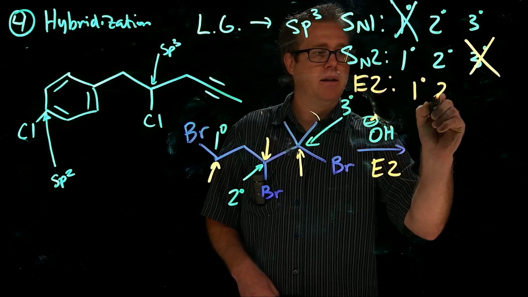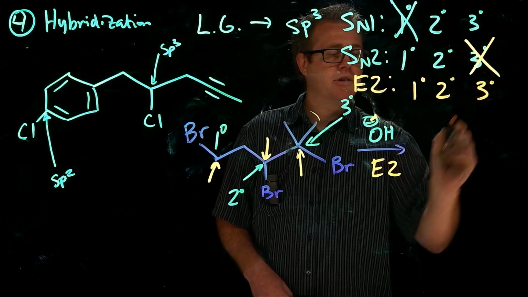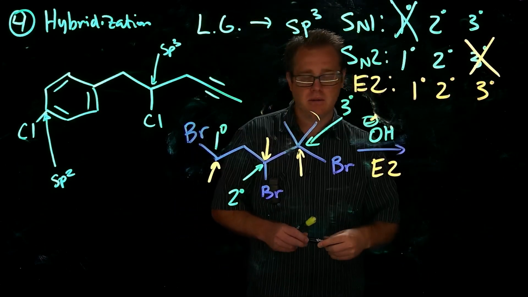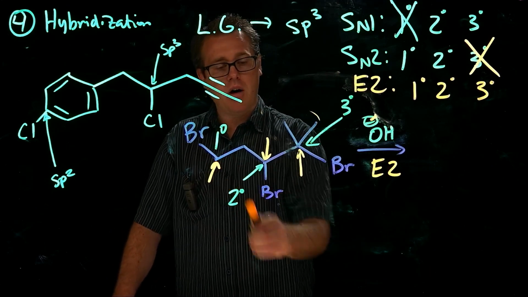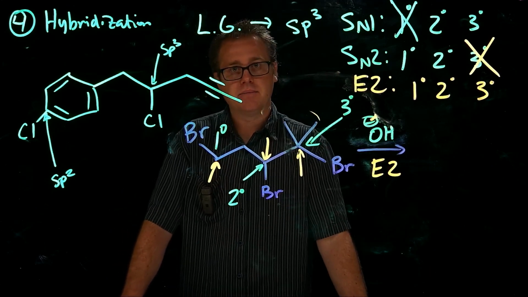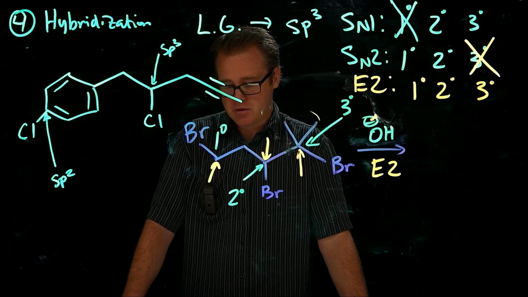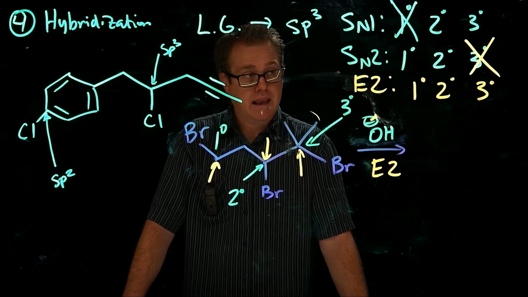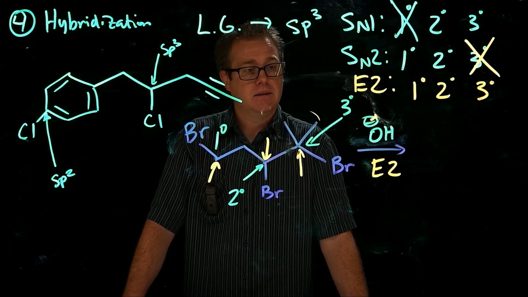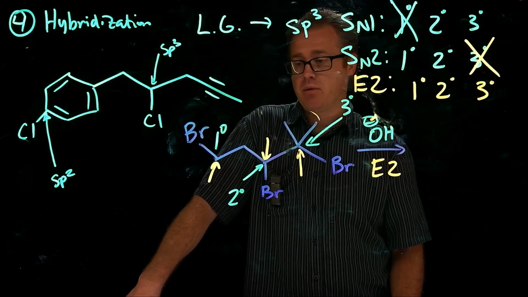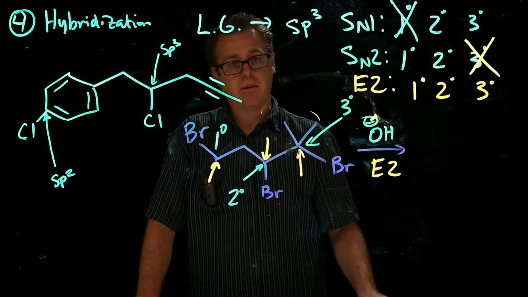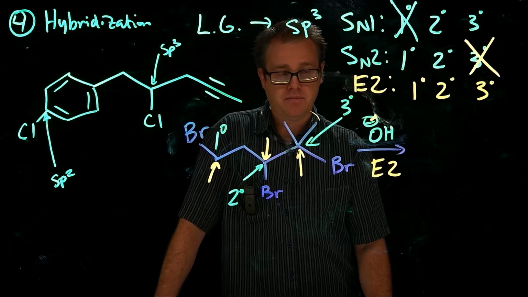We have primary, secondary, and tertiary. Can it react with all three of these alkyl halides? How do E2s work? Yes, it can. So the E2 mechanism is a little bit more promiscuous, in that it can react with all of them.